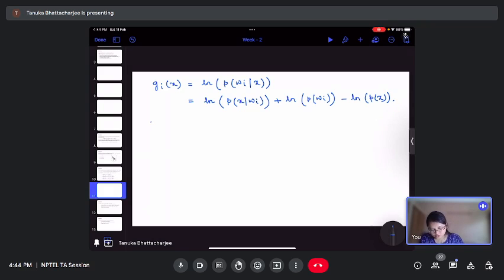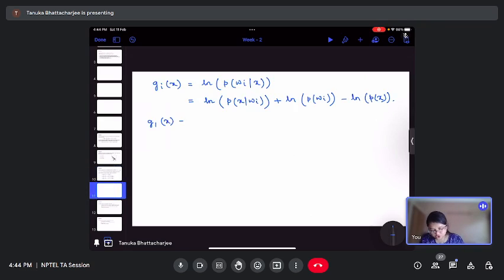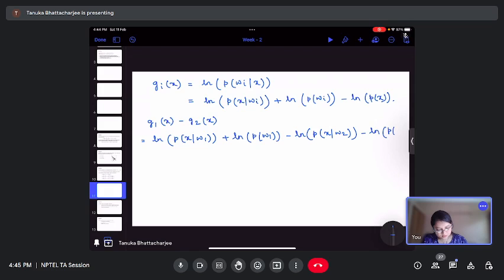So when we need to find the decision surface, again we need to compute g1(x) minus g2(x), which we can just write as ln of probability of x given omega 1 plus ln of probability of omega 1. This p(x) will be cancelled from both sides, so I am not writing that.